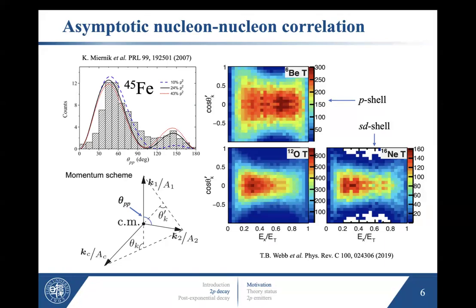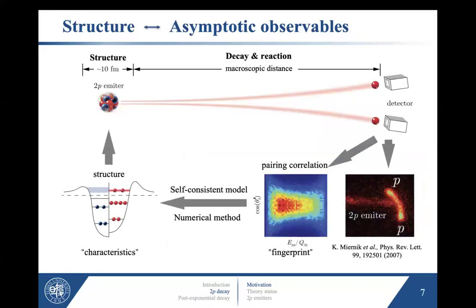This means that in principle, the pairing correlation measured in experiment is like a fingerprint that can tell us some structural information about the nuclei. But since this pairing correlation is measured asymptotically, it's really hard to directly get this structural information. So this requires a self-consistent model.